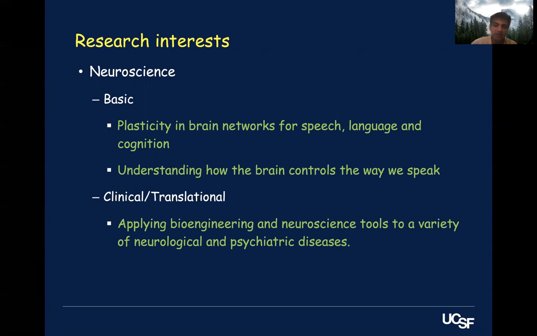This basic neuroscience work that I do is highly translational, or it can be translated into clinical applications. So my clinical translational work is really combining these bioengineering tools for analysis of brain imaging data with the neuroscience tools applied to a variety of neurological and psychiatric disorders, ranging from developmental disorders like autism to disorders in the elderly, which are basically dementia.